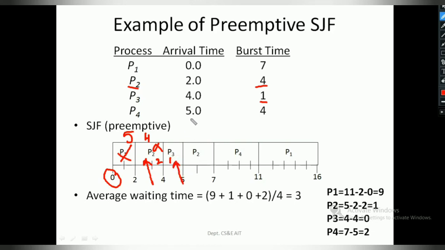Now at the 5th interval of time, I have all the processes. Compared to P4, P2 and P1, P2 has the smaller burst time, so I assign it to P2, then P4 would be the smaller one, and then finally P1. So we make sure that all the processes complete their burst time.